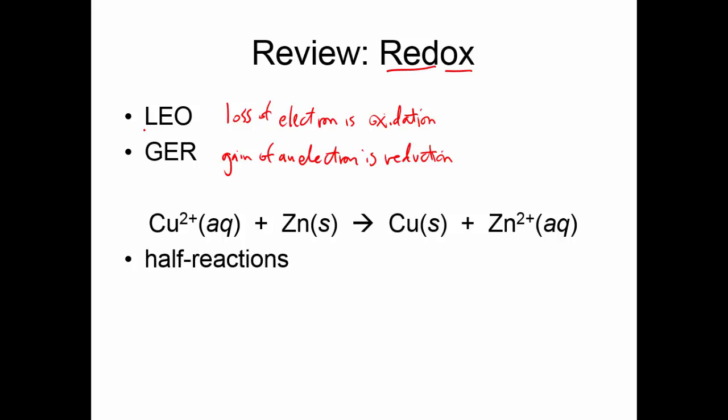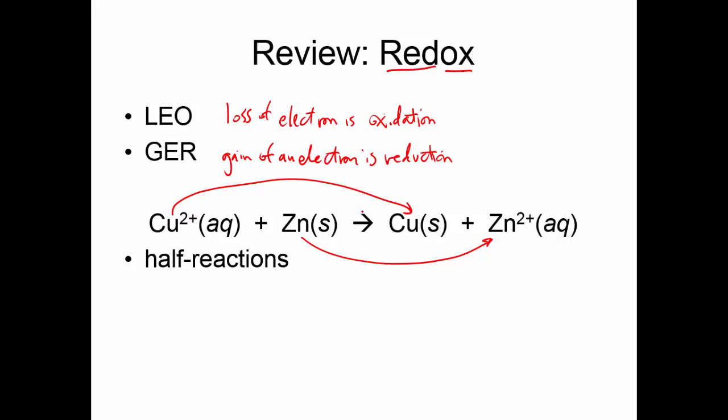So, as we learned in Gen Chem, LEO goes GER. Here's an example of a redox reaction. One species is getting reduced while the other species is getting oxidized.